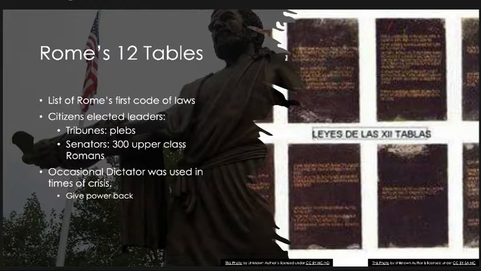In the 12 tables, it's really the first time power is given to citizens instead of monarchs or oligarchs, small groups of leaders. And the citizens were allowed to elect their own leadership. So, as we mentioned, there are two types of citizens.